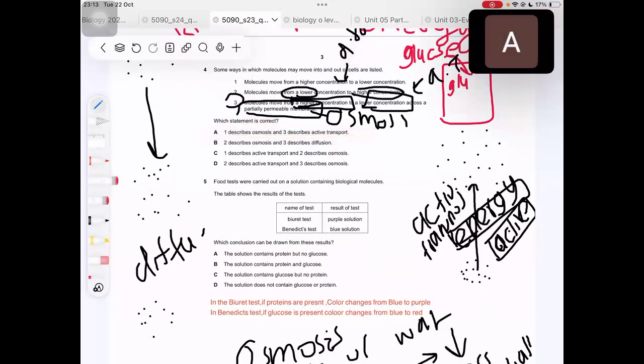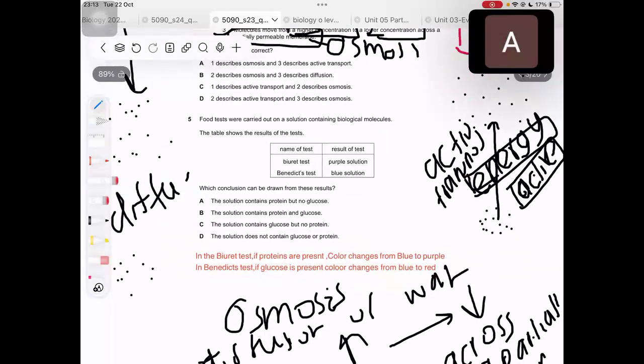No, two describes active transport, right? Therefore, it's wrong. C, one describes active transport. No, one describes diffusion. D, two describes active transport, yes. And three describes osmosis, yes. The answer is D.